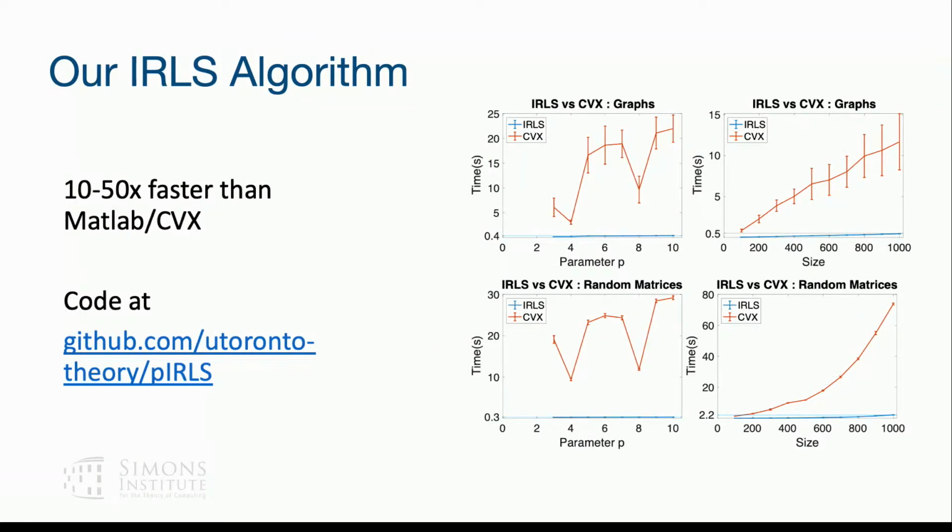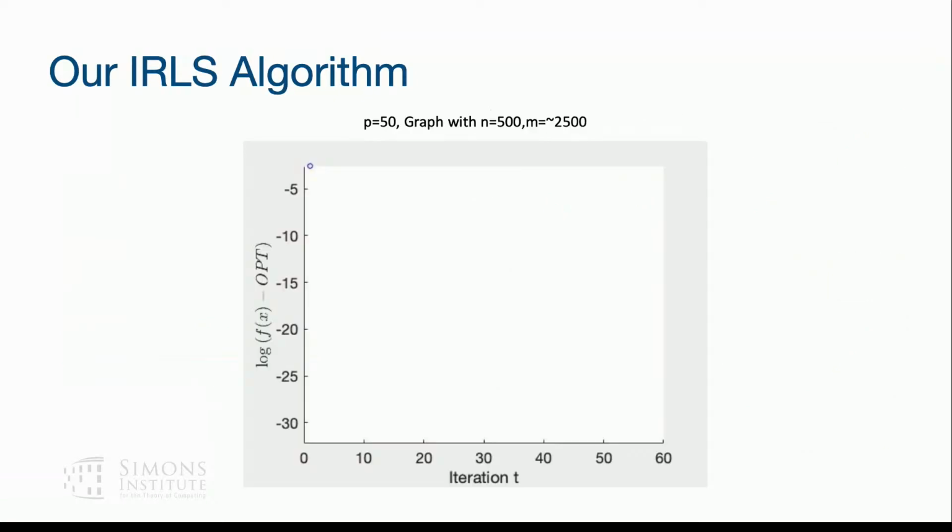And compared to existing algorithms for these problems, this was 10 to 50 times faster, even on simple computers. So you can see that for P equals 50 and size 2500, it converges to an accuracy of 10 to the minus 30 in very few iterations.